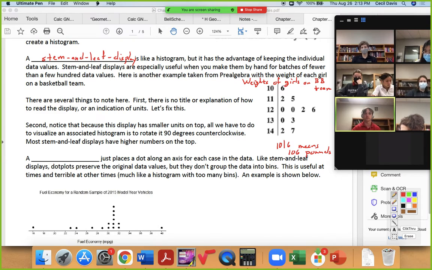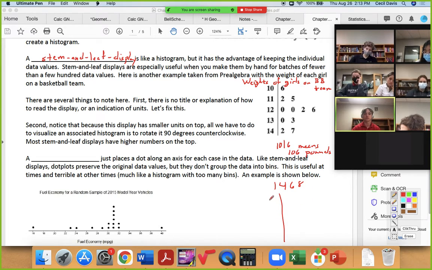Now sometimes, especially if the numbers are very large, and your book talks about this, I think specifically as it relates to weighing steers, let's say you had a steer that weighed 1,468 pounds.